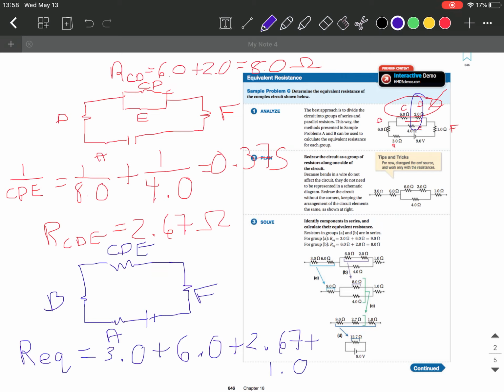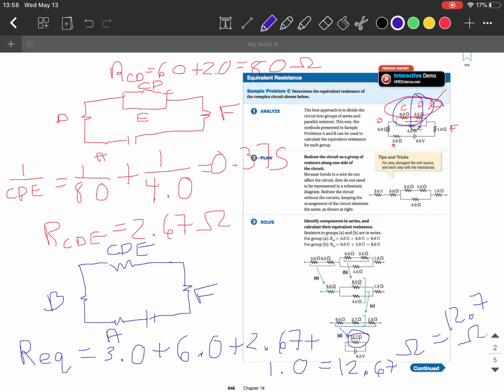And F is 1.0. So my equivalent resistance is 12.67 ohms. Or 12.7 ohms, because we have one significant figure. Sorry, three significant figures.